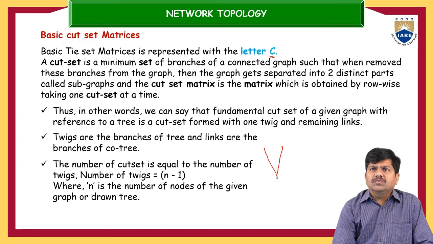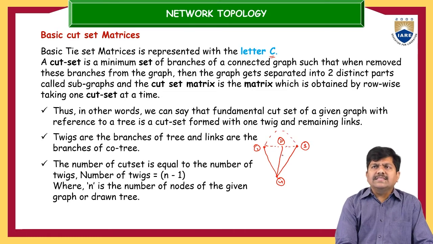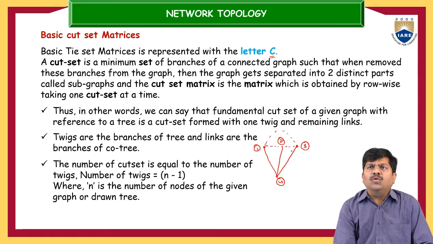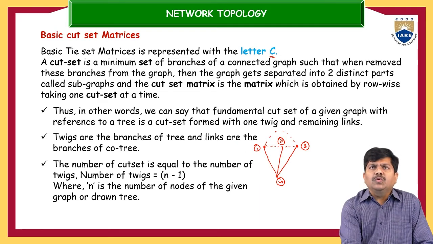So this is the graph. This is node 1, this is node 2, this is node 3, and this is node number 4. This is one element, this is another element, and this is one more element. Now this is the graph, and especially the tree and co-tree also, right? So how are we going to examine this cut set matrix?